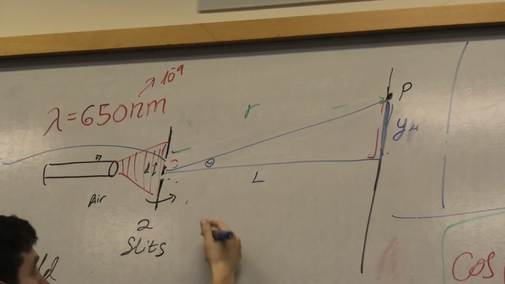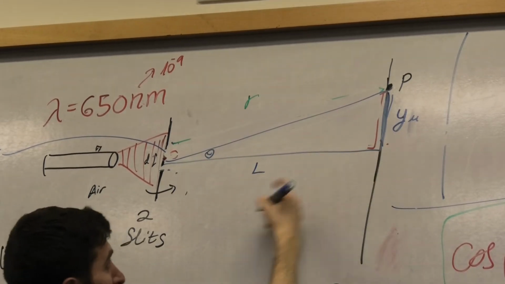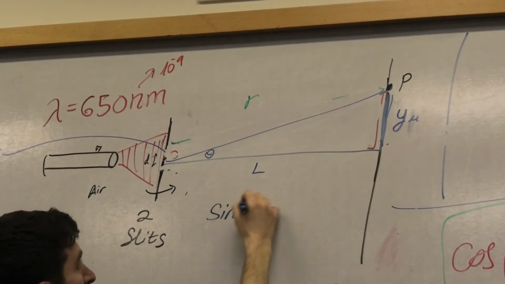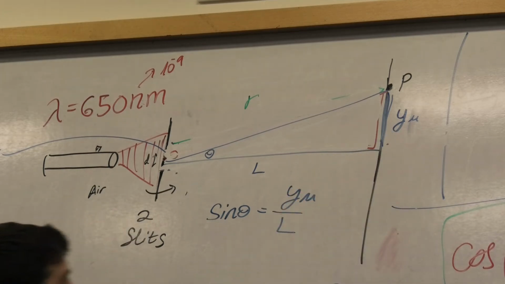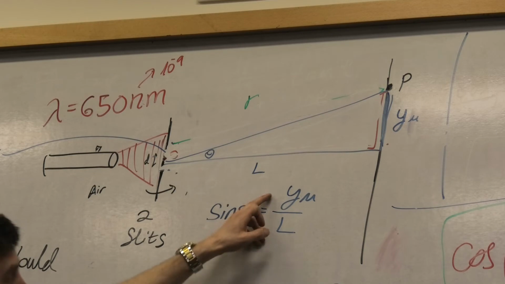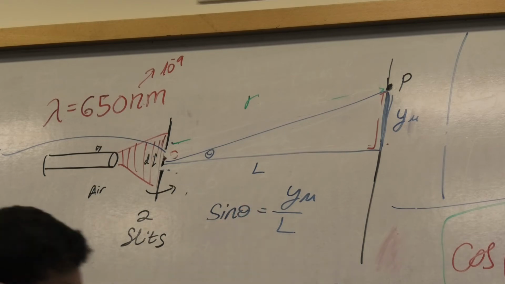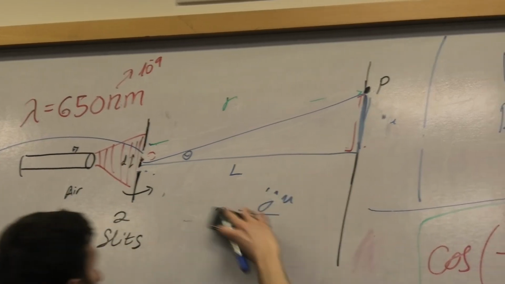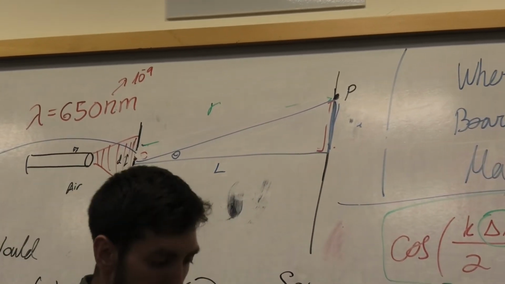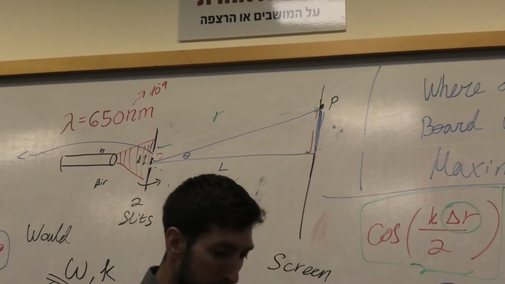This divided by that, sine theta is that divided by that, ym divided by L, right? Let's do it even easier. Okay, I write here x. Sorry. Let me make it with the same notation.